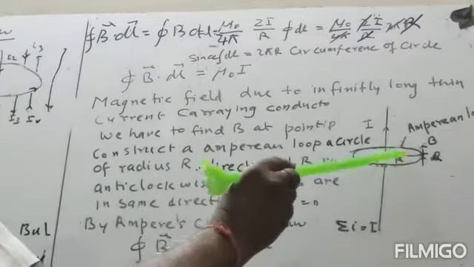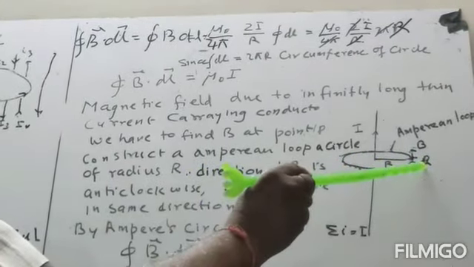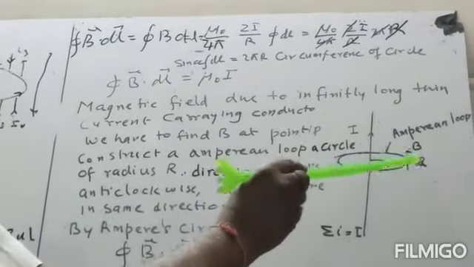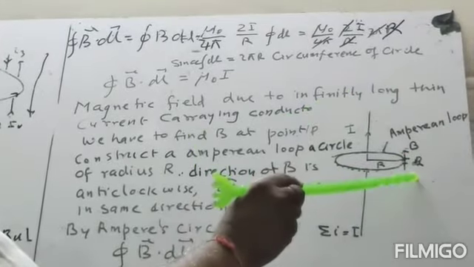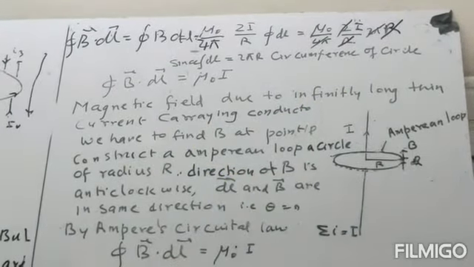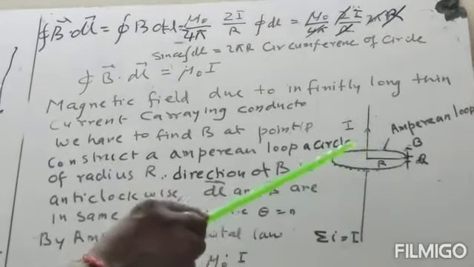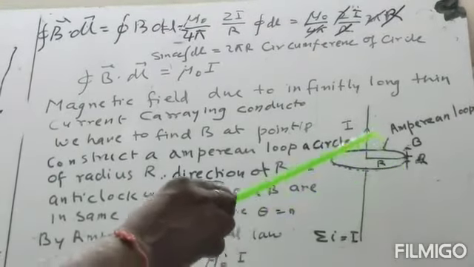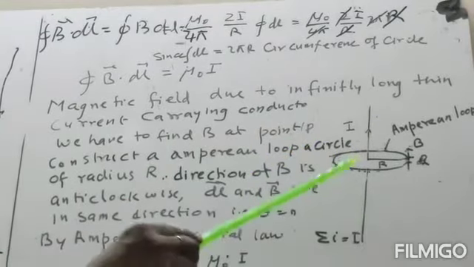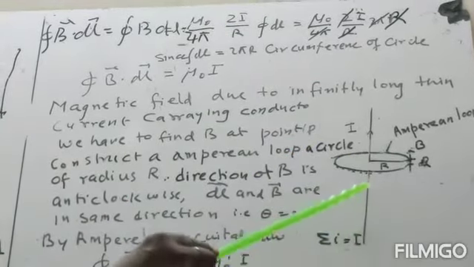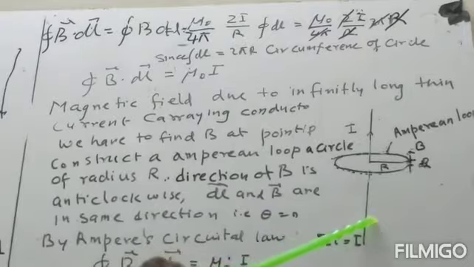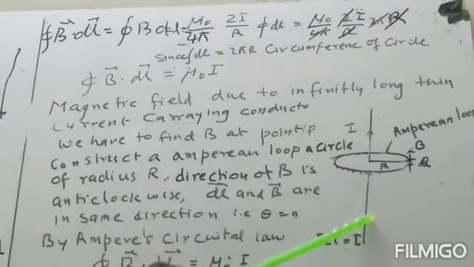Now if we take a small element dl, then the magnetic field at a point which is at a distance r from this conductor carrying current I can be found with the help of Ampere's circuital law.